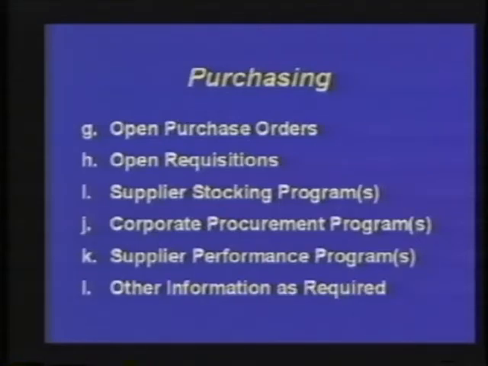Now, other information can be developed, and one key data element to add to this list would be any suppliers that are currently certified and any other type of data to support the integration of the vendor base to the purchasing activity. Now, in page number 2, there's a very comprehensive list.